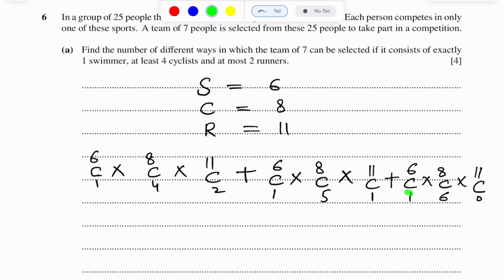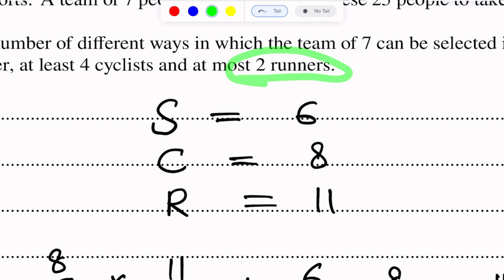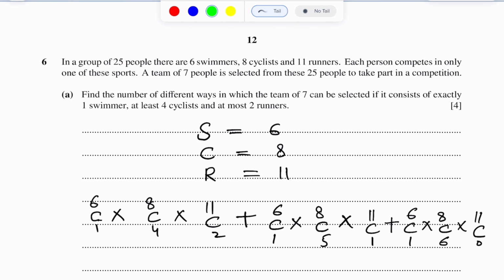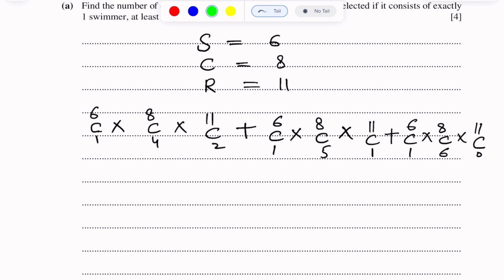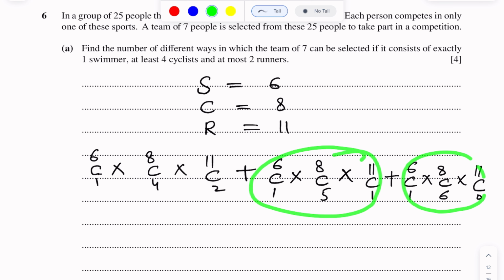These are 1 plus 6, 7. We are not taking any runner because at most 2 means less than or equal to 2, so we can take 0. 6 plus 1, 7. This is the third option; this is the second option; this is the first option.